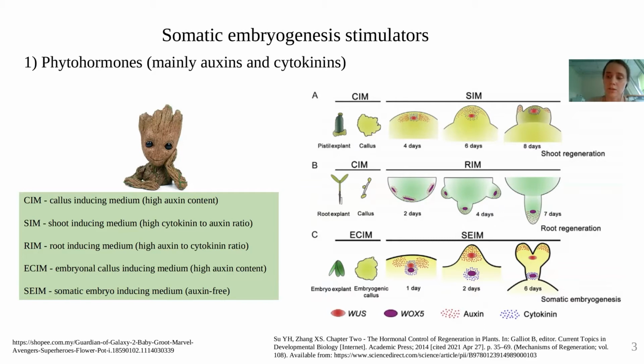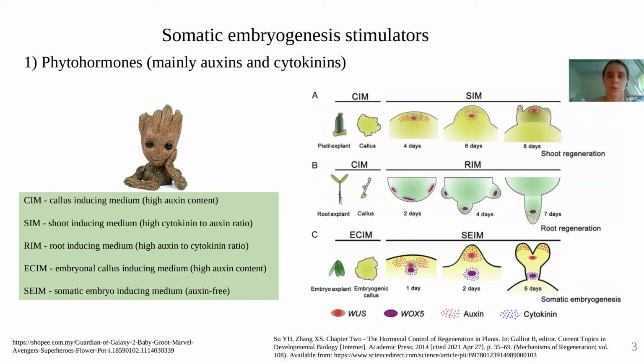Usually, first of all, auxin is applied, and callus can develop from the explant. After that, you usually should remove auxin or reduce its concentration, and after that, somatic embryos can appear, or shoot regeneration can start.